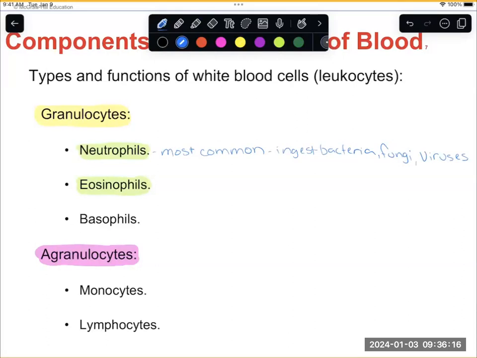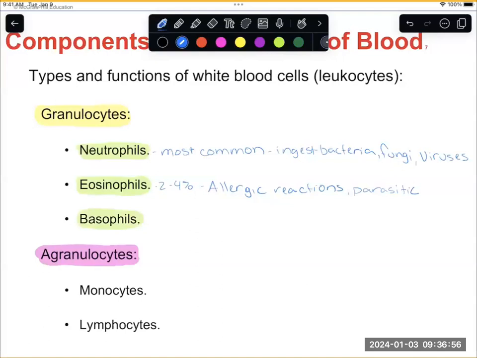Eosinophils only make up about 2 to 4% of the white blood cells, so not very many. But these are present during allergic reactions. So those of you who have allergic reactions, your eosinophils are working pretty hard. They're also around in parasitic infections.